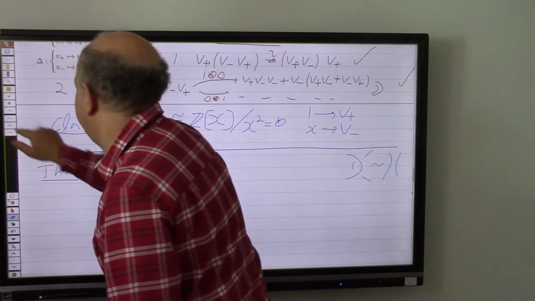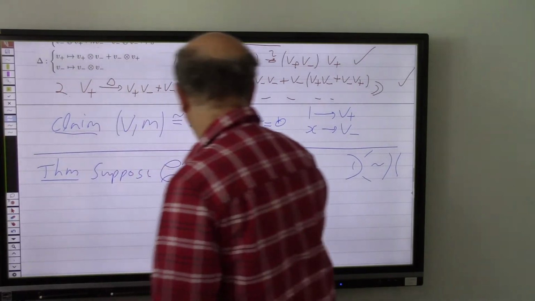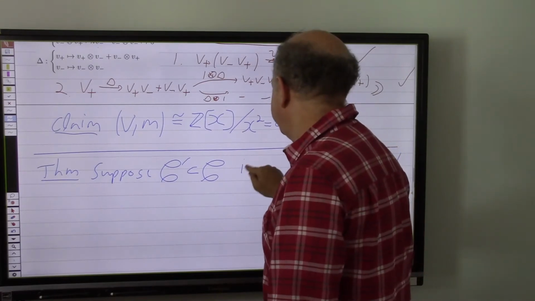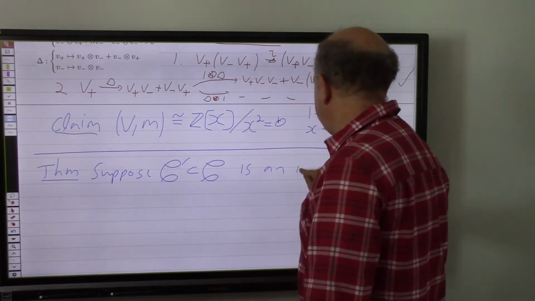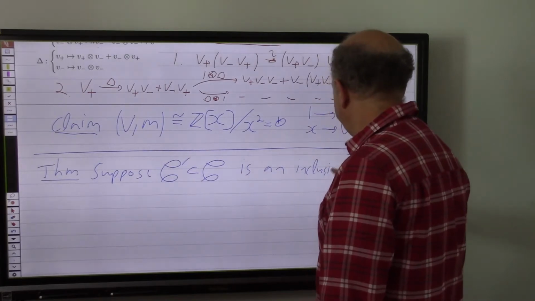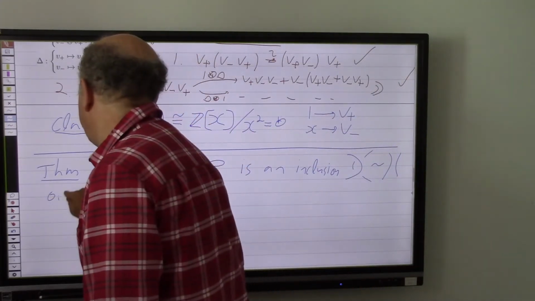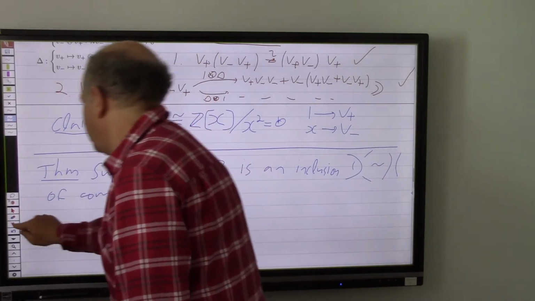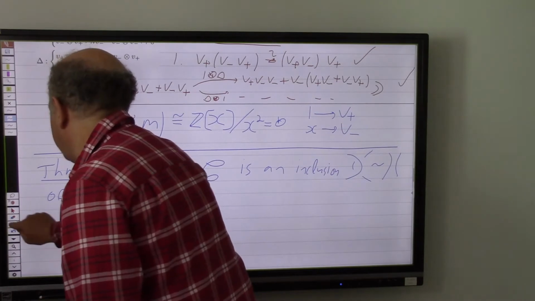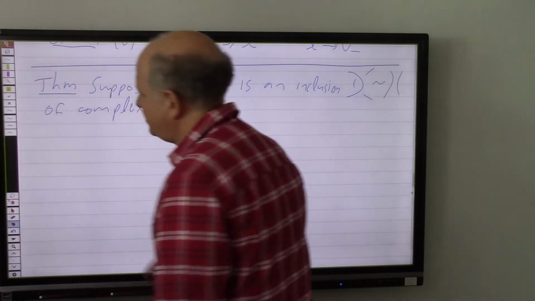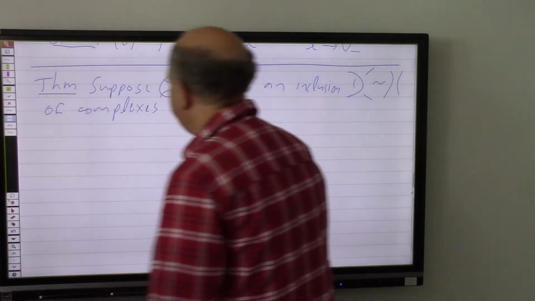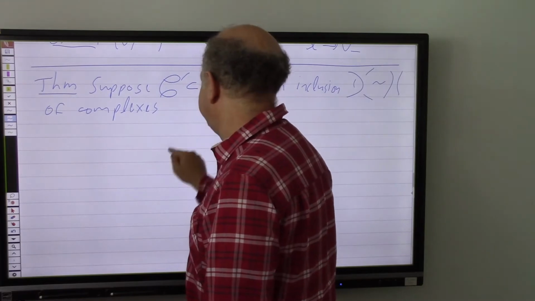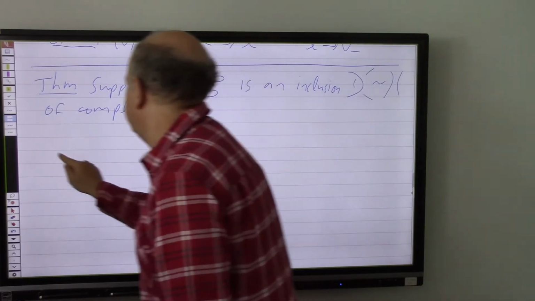So suppose C prime, a subset of C, is an inclusion of complexes. So just to be precise, what does it mean? It means that you have the complex C, the big complex C. So let me write it here.